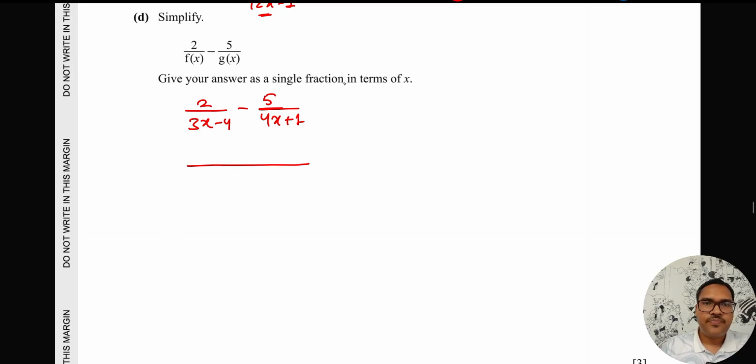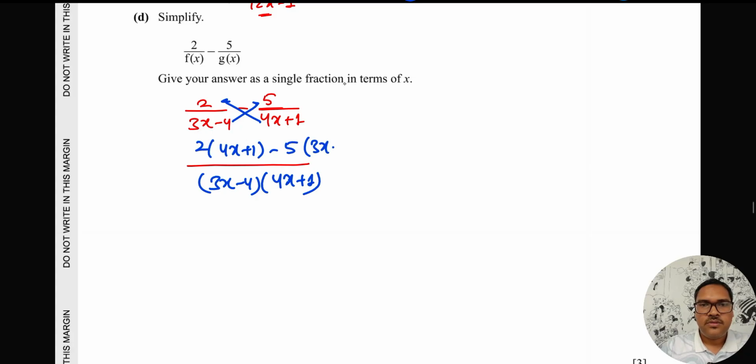So I can say, using cross multiplication, you multiply this here and you multiply this here. This is (3x minus 4) into (4x plus 1), and this will become 2 times (4x plus 1) minus 5 times (3x minus 4). Now you can just open the brackets.